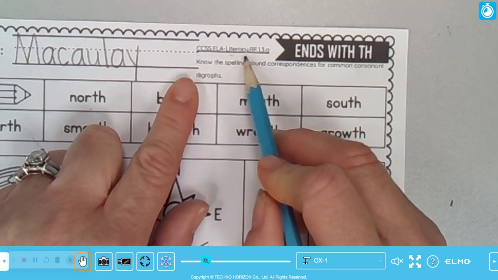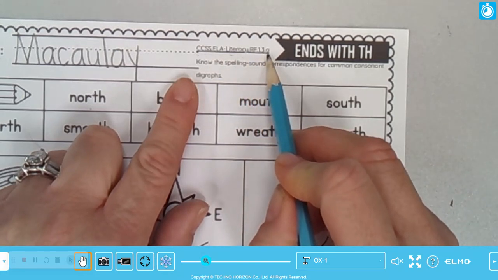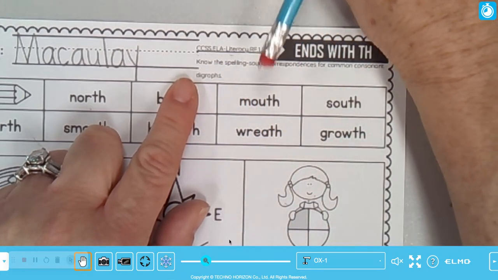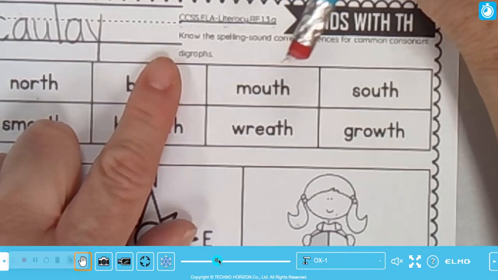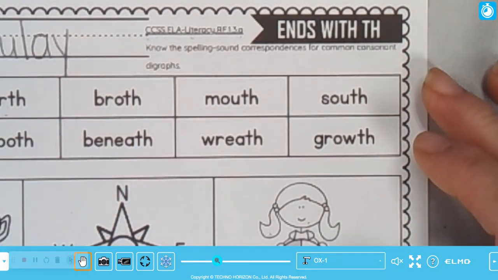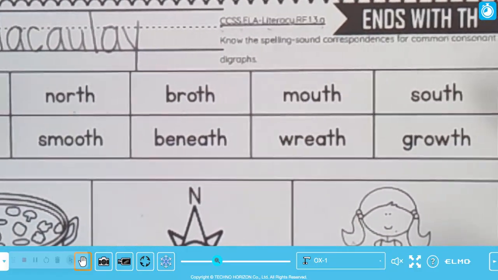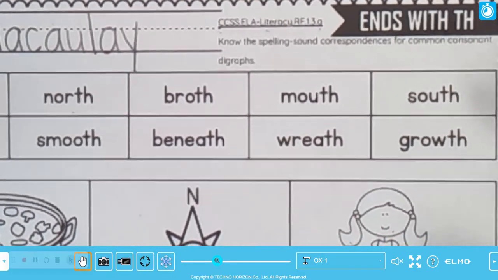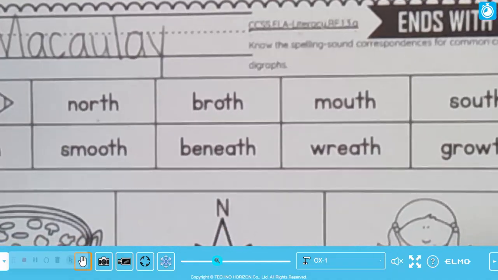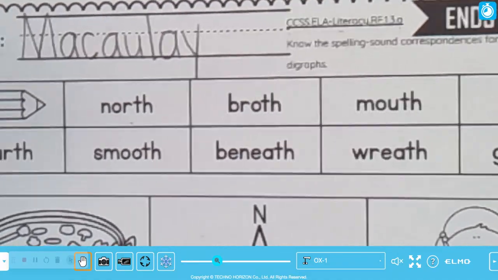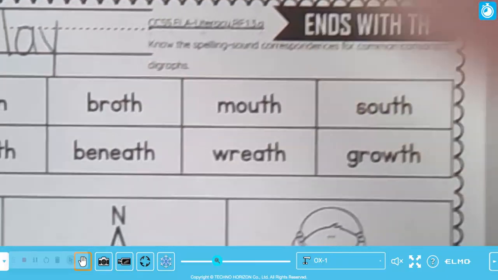So our standard is CCSS ELA literacy, RF 1.3A. Let me see if I can make it bigger so you can see it better.